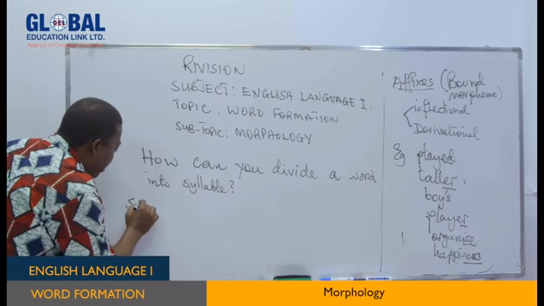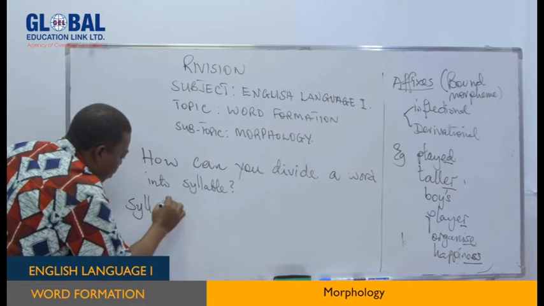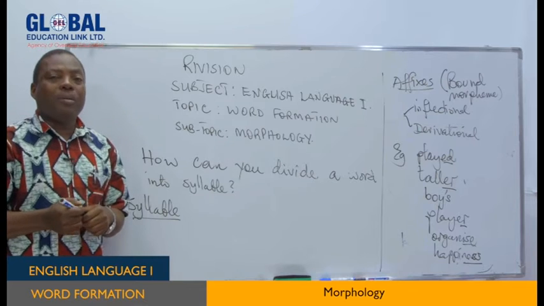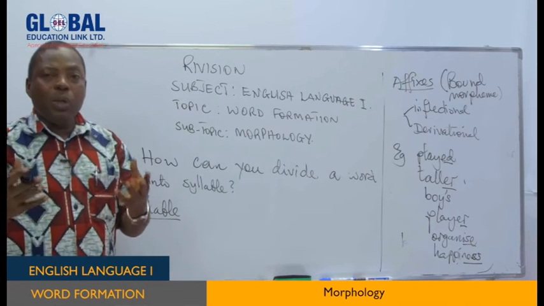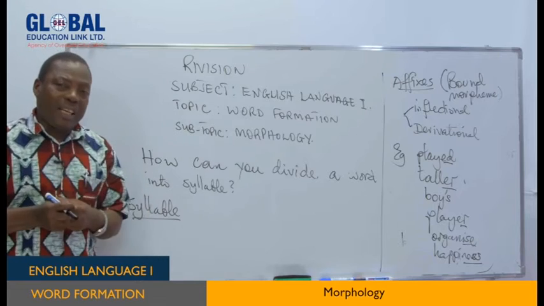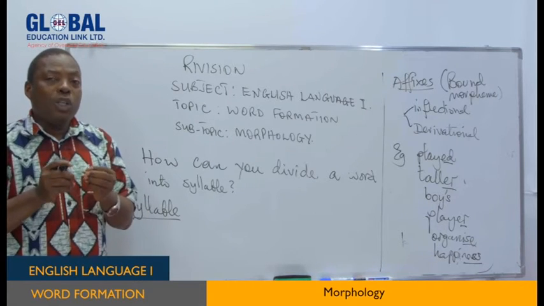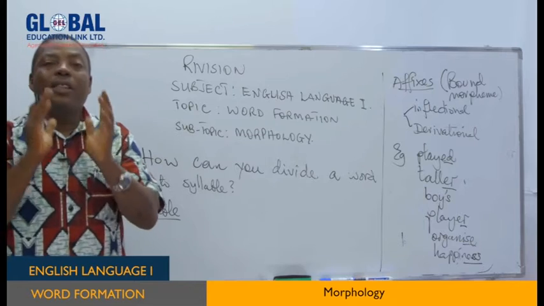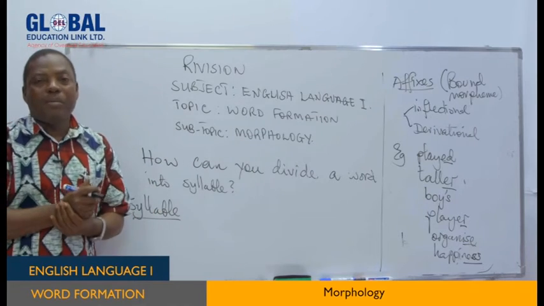If we are to divide a word into syllables, you'll definitely need to know what a syllable is. How does a syllable look? If you know how it looks, it becomes easier for you to say, oh, these elements form a syllable by themselves.